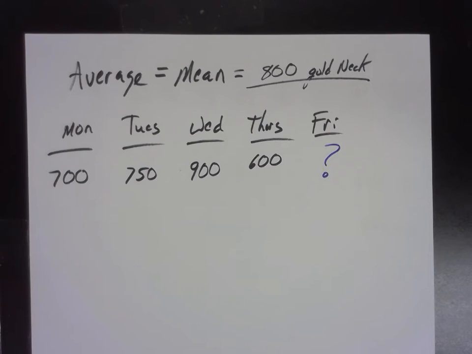Exactly. It has to average out. Time divided by 5.